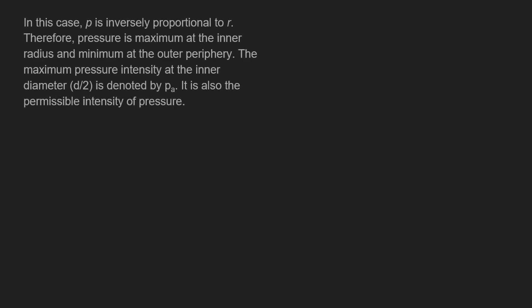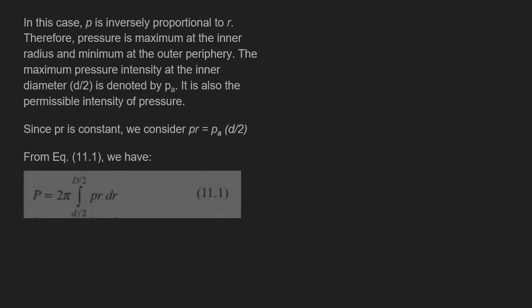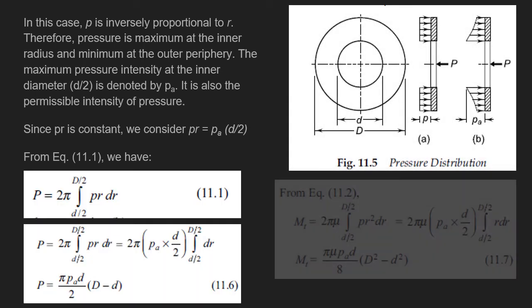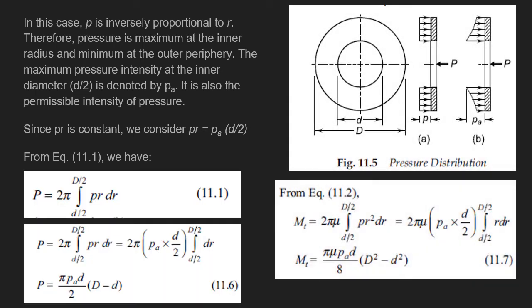All right, moving on, if you have a look at the figure here. As we mentioned, in case of uniform wear, the pressure is not uniform. In fact, there is an inverse relationship between radius and intensity of pressure.